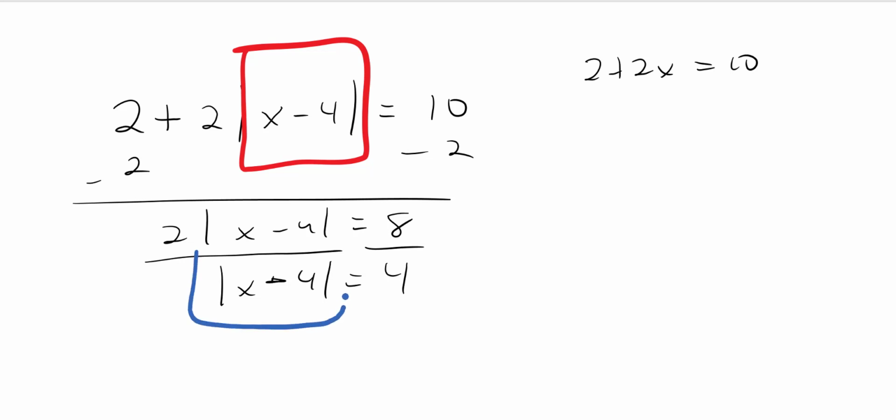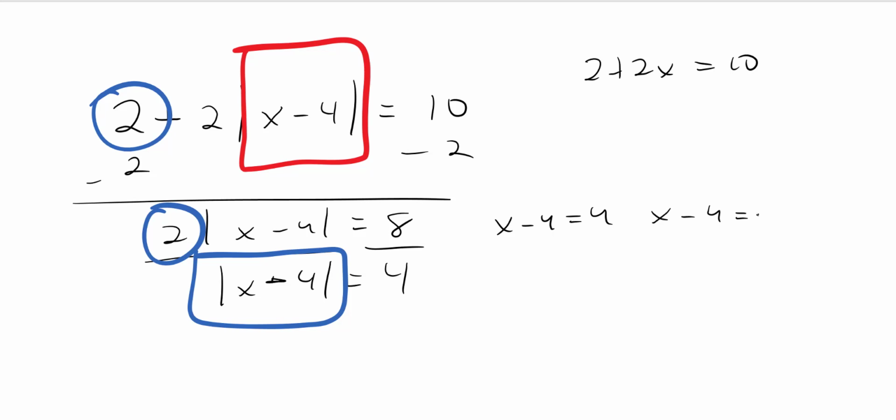This is all by itself. Here I had a 2. Here I had another 2 that I added to it. I did it all by dividing and subtracting or adding, whatever I need to do. Now I have that x minus 4 in the absolute value equals 4. Now it's like the problems we just did before. So literally I'm going to say x minus 4 equals 4 and x minus 4 equals negative 4 and solve.